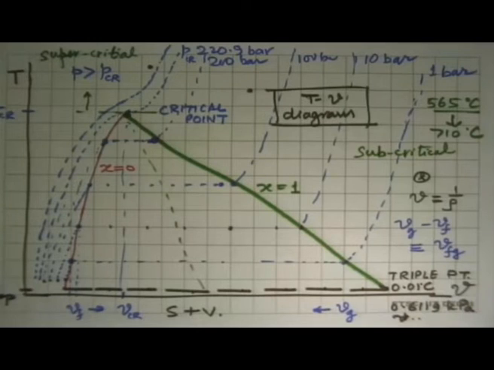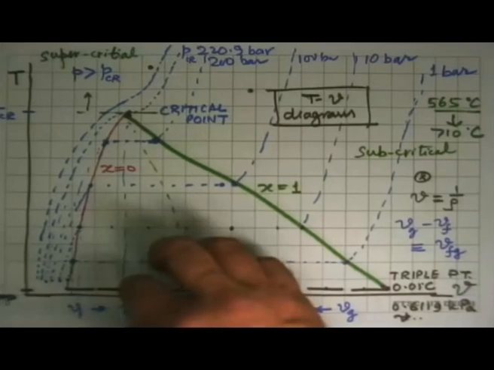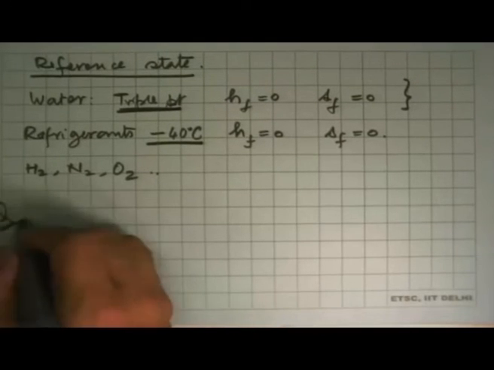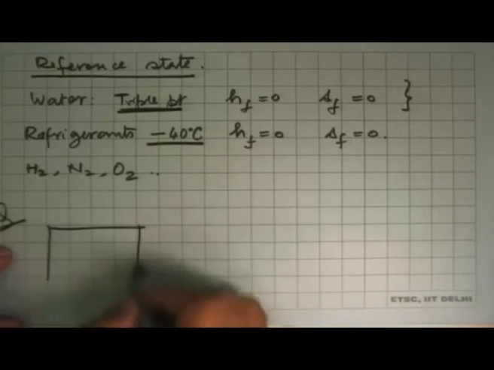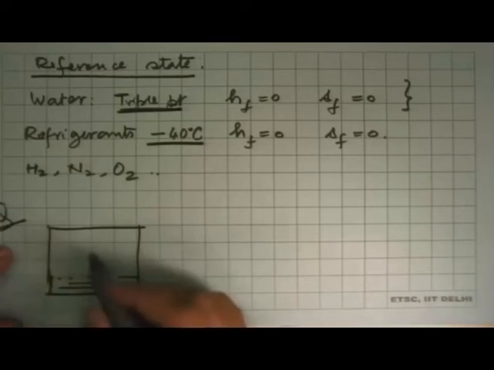Okay, it says we are plotting T versus V with the help of experimentation results. Yes. But is it possible to conduct experiments at critical pressure and temperature to get various properties? Okay, so the question is, how did these people get all these properties? So what they did was that they took a vessel, evacuated it, and they put a certain amount of liquid in it.